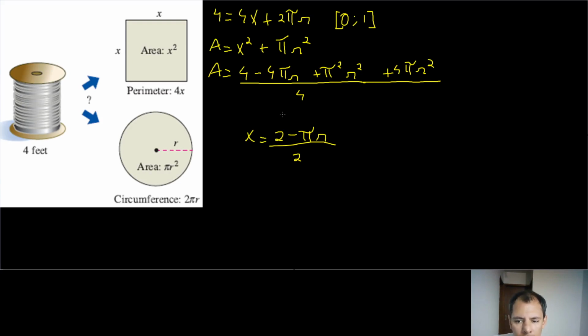Oh man, I did something stupid here. I can do that because now I can differentiate with respect to r. Yeah, let's see if this works. That's not the way the book does it. I should have isolated r, but I isolated x, so I made A a function of r.